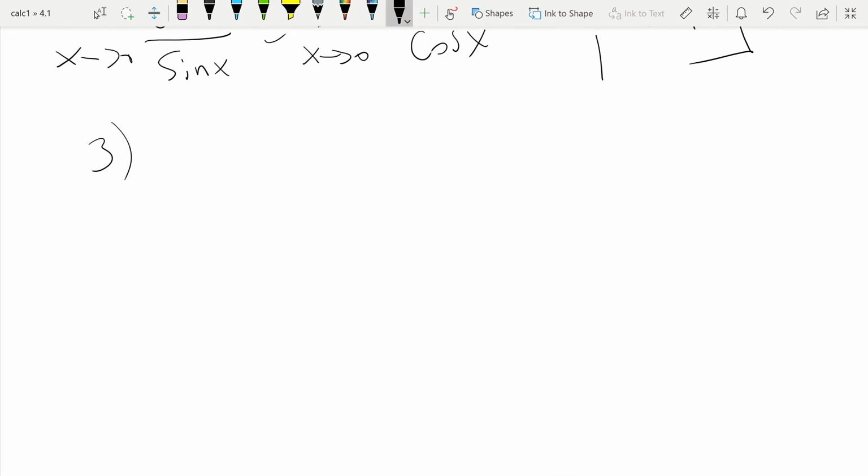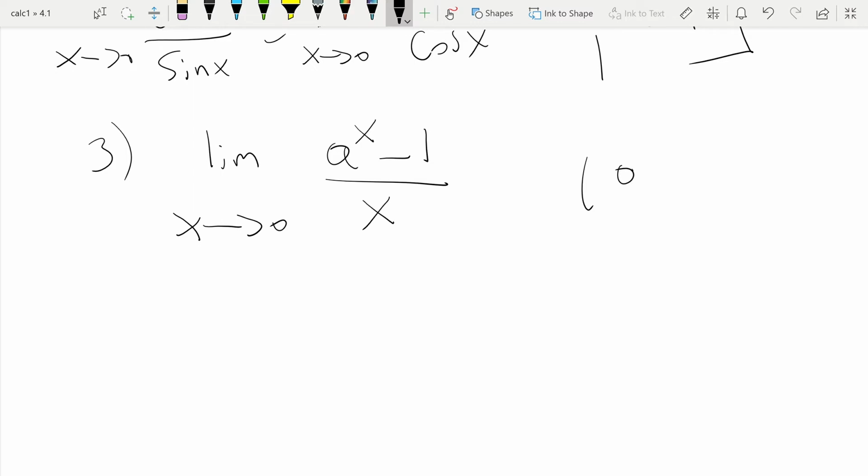Another question would be, what is the limit as x approaches 0 of a to the x minus 1 divided by x, where a is some positive number.